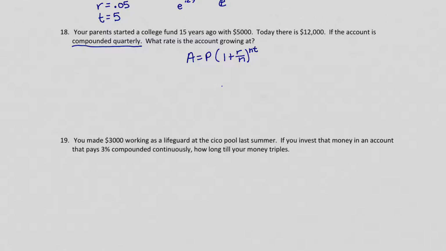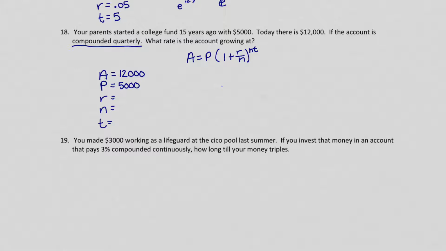The variables we're going to need are A, P, R, N, and T. A is the amount of money after a certain amount of time, which we have listed as $12,000. P is the initial amount, so it started with $5,000.